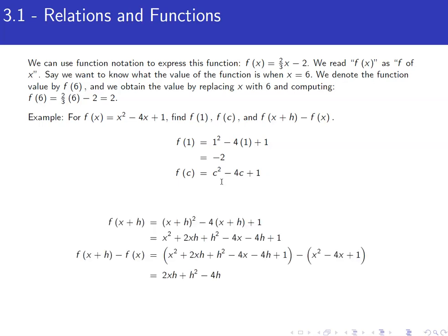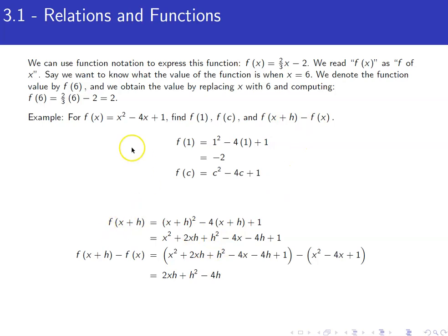Lastly, this one's a little bit more complicated. The first thing I'm going to do is just figure out what we get when we put in f of x plus h. Now again, this notation does not say take f of x and add h to it. That is not what this notation means. Whatever is inside the parentheses, you're going to take out the x and plug in what's in the parentheses.